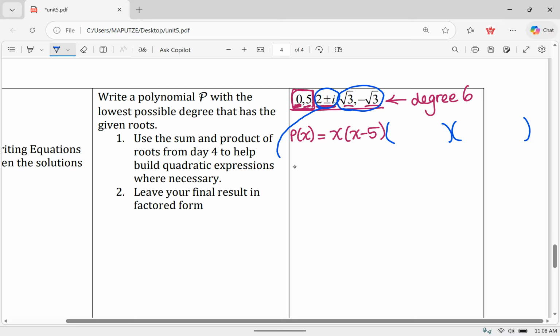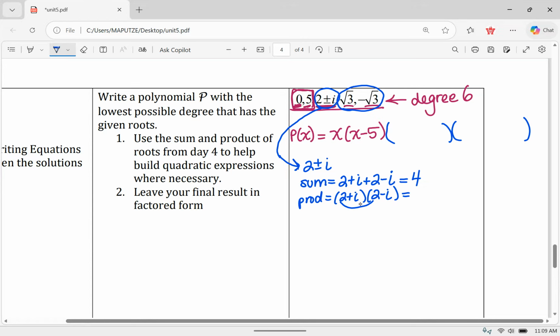So I'm going to pull this down. If I focus on these 2 roots, we want to get the sum of these roots and the product of these roots. So sum means take the 2 roots and literally add them together. Sum is 4. Product means multiply. Take the 2 roots and literally multiply them together.